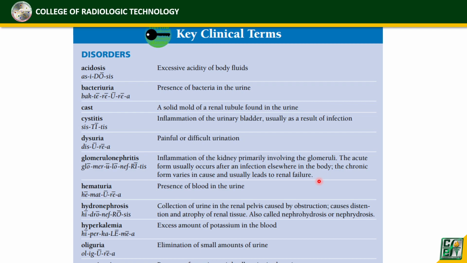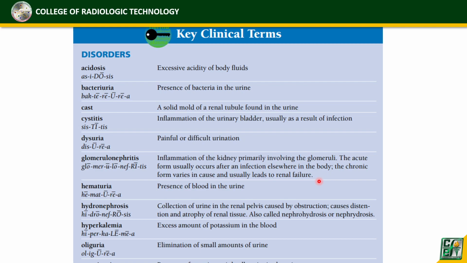Then cystitis, inflammation of the urinary bladder. Then we have dysuria, painful or difficulty in urination. Then we have the glomerulonephritis, inflammation of the kidney, primarily involving the glomeruli. Okay?